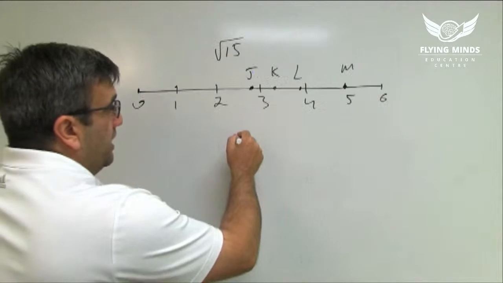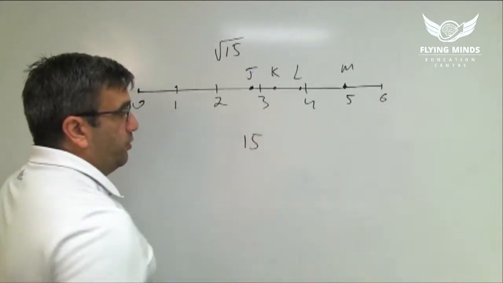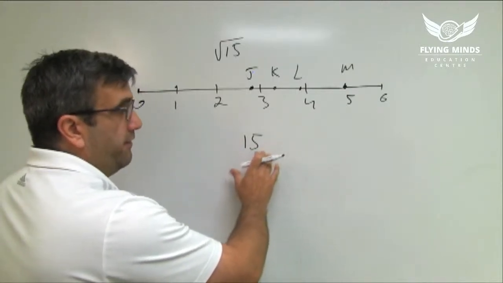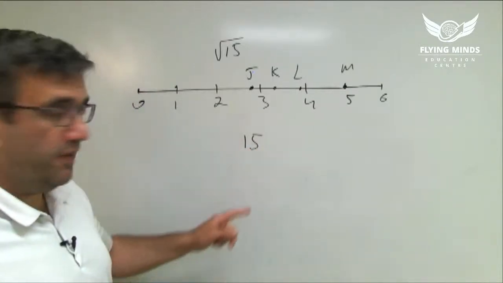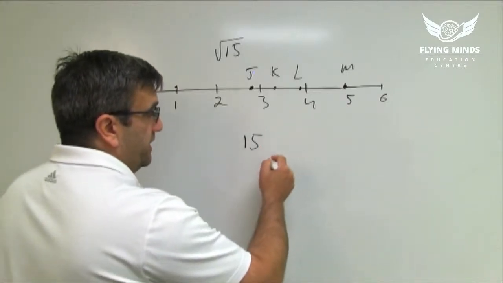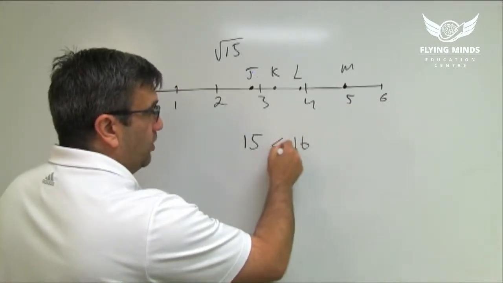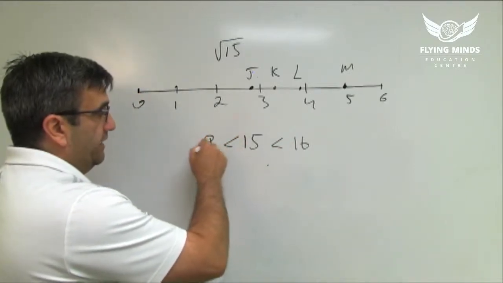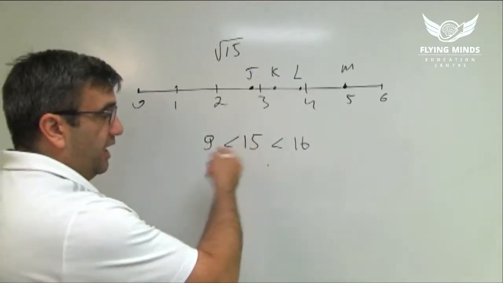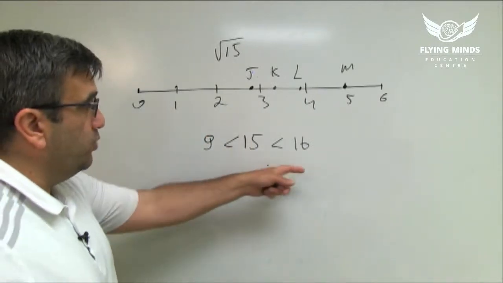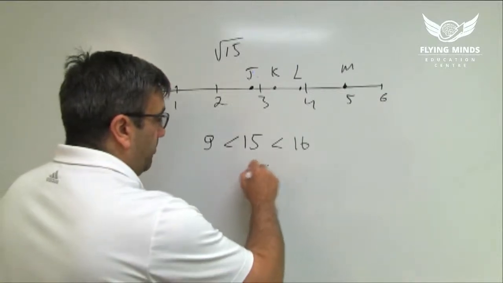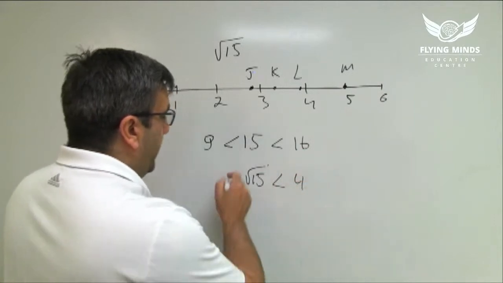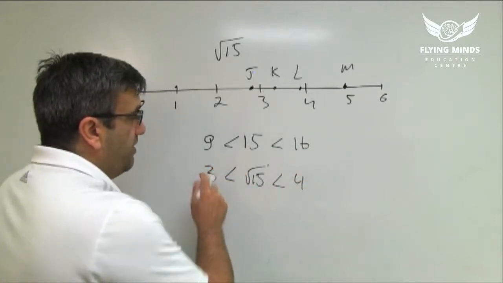So how to do this question? If we take the number 15 by itself, we need to find the perfect squares around it: the perfect square above 15 is 16, and the one below 15 is 9. Obviously the square root of 15 will be in between the square roots of these numbers. The square root of 16 is 4, and the square root of 9 is 3.